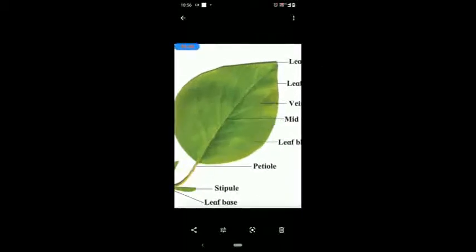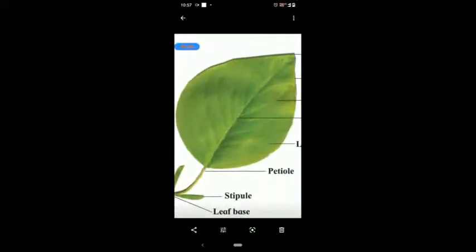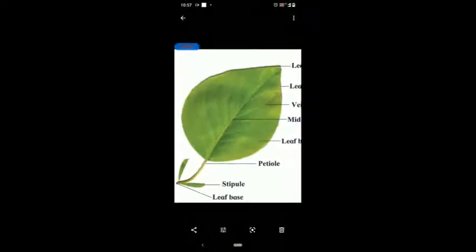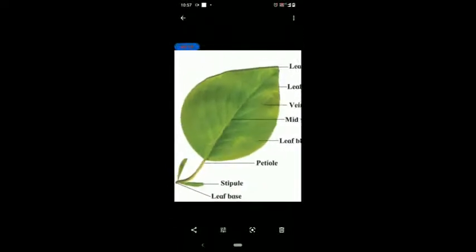The broad spread-out part of a leaf is called the leaf blade. Whatever is on screen now is called the leaf blade. It's broad and spread apart. It's also called lamina, either leaf blade or lamina.